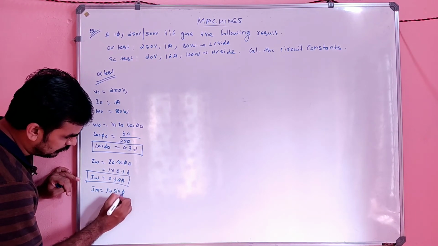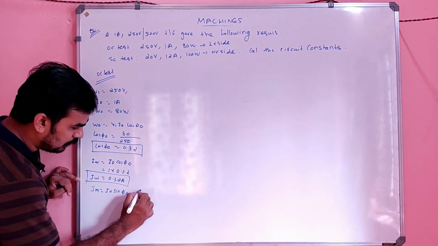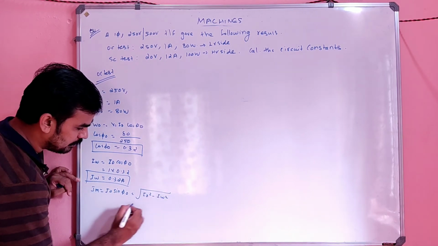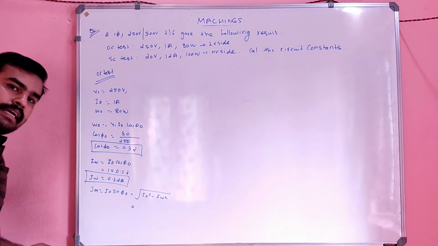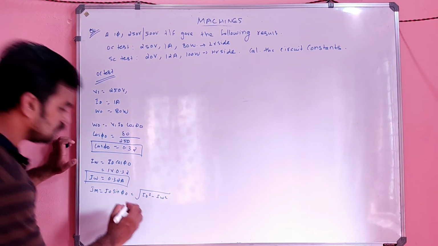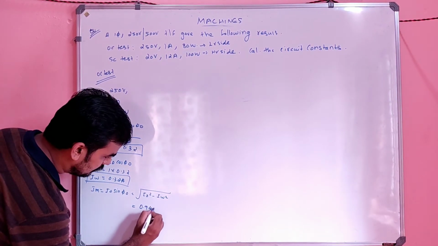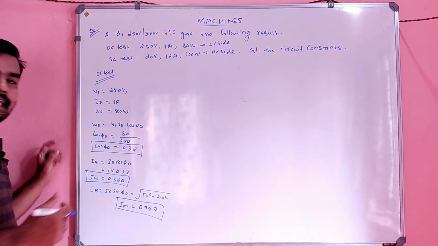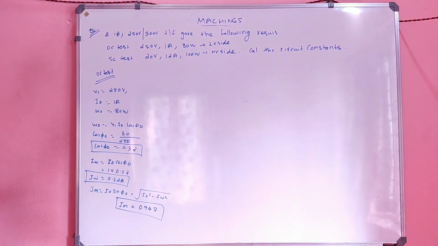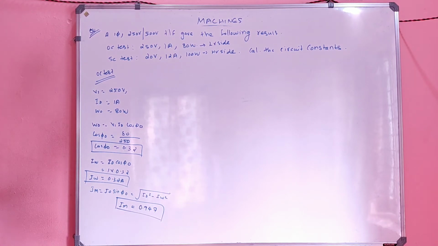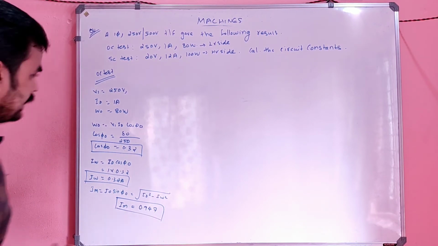I0 sin phi 0, or root of I0 square minus IW square. That is also a way for finding. If you do this, you will get a value of IM as 0.947. In the examination, you will definitely have a simple type. Need not worry. So that's all about IW and IM.